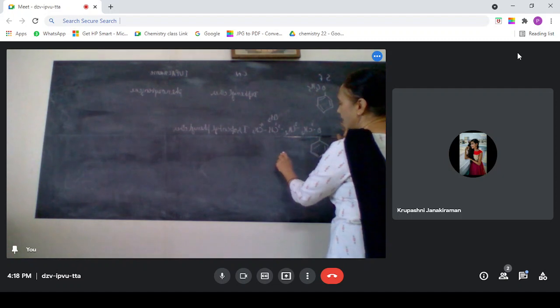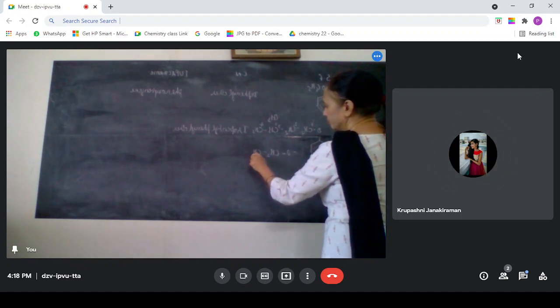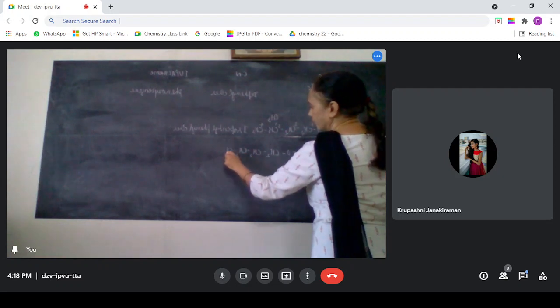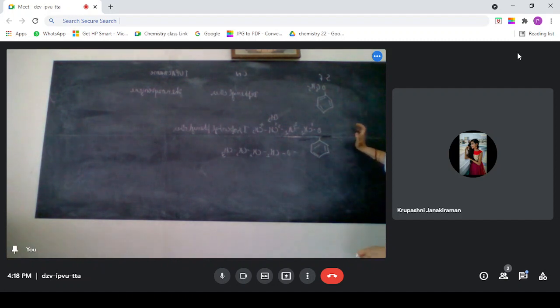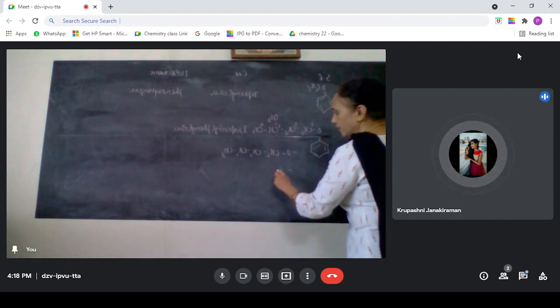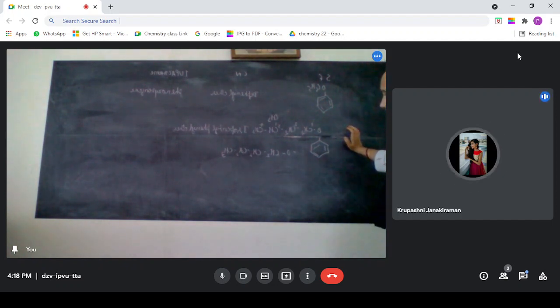Now, what will be this group? Propoxy? How many carbon atoms are there? Count. 4.